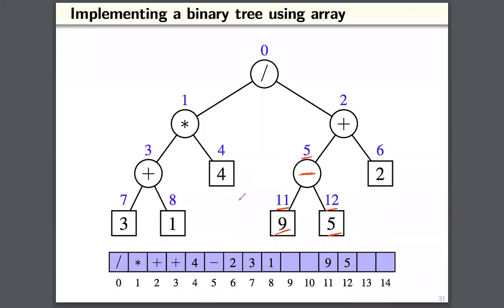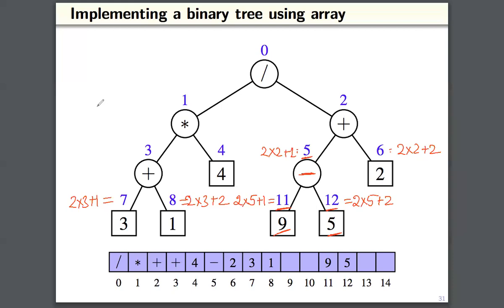They are related using the formula: 2 times 5 plus 1 is equal to 11, 2 times 5 plus 2 is equal to 12. Similarly, 2 times 2 plus 1 is equal to 5, 2 times 2 plus 2 is equal to 6. And 2 times 3 plus 1 is equal to 7, 2 times 3 plus 2 is equal to 8.